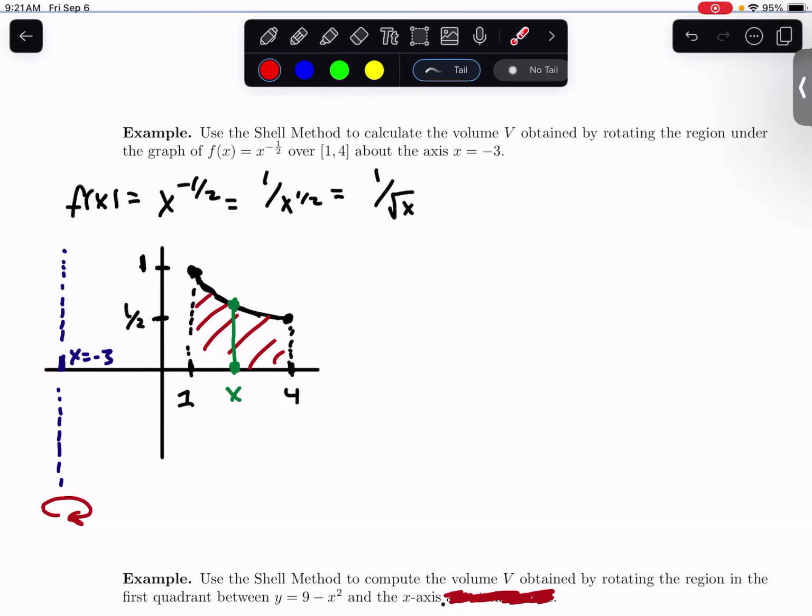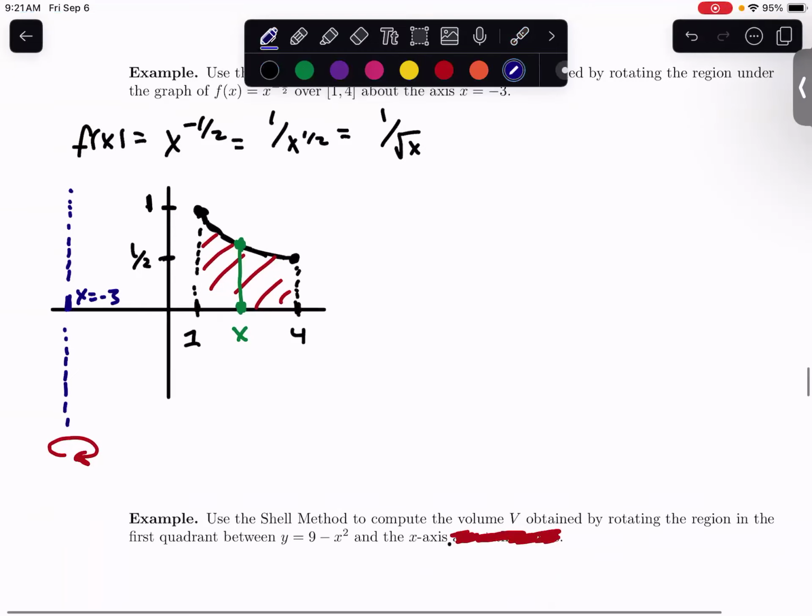If we're looking at the radius, it's the combination of the distance between x is equal to -3 and the y-axis, along with the distance from the y-axis to x, right? So the total radius we have, maybe we should use a different color, do orange. So this is the radius.